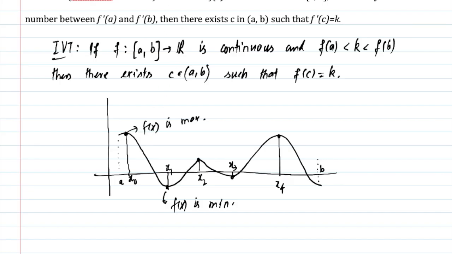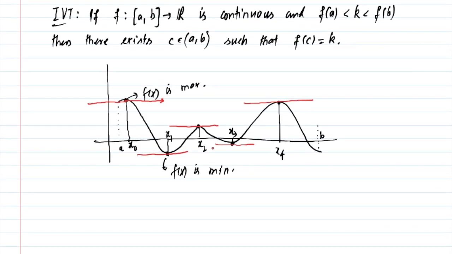Both of these points have one similar property: if we draw a tangent at this point, it will be parallel to the x-axis. Similarly, if we draw a tangent at this point, it will again be parallel to the x-axis. Even the tangent at this point is parallel to the x-axis, and the same property holds for these two points.